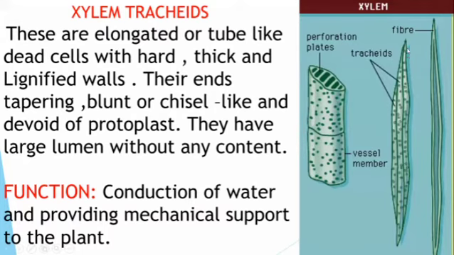Xylem tracheids are elongated, tube-like structures. These cells are dead, with hard, thick walls made up of lignin substance, so they have lignified walls. Their ends are tapering, planned or chisel-like, and devoid of protoplasm.